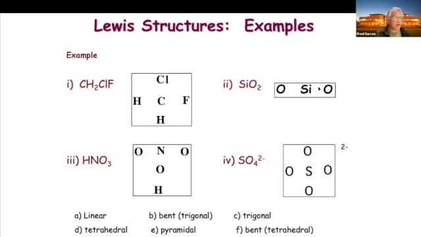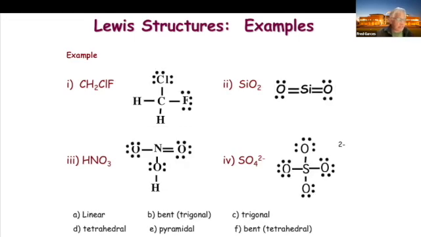It's got 4 bonds between this oxygen and silicon, this silicon and oxygen. And then there's 2 lone pairs on each oxygen. Okay, so here are the Lewis structures for these. If you can do the Lewis structure, the last part, the molecular geometry, is such a breeze. But you need the Lewis structure.